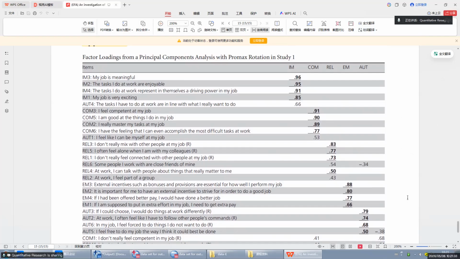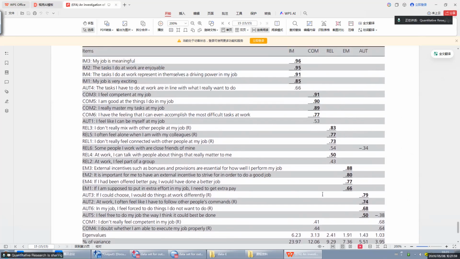So these two are the constructs we are going to use in the data analysis, right? So this cross-loading we have to deal with, because REL and AUT are the constructs we use in the data analysis, right?